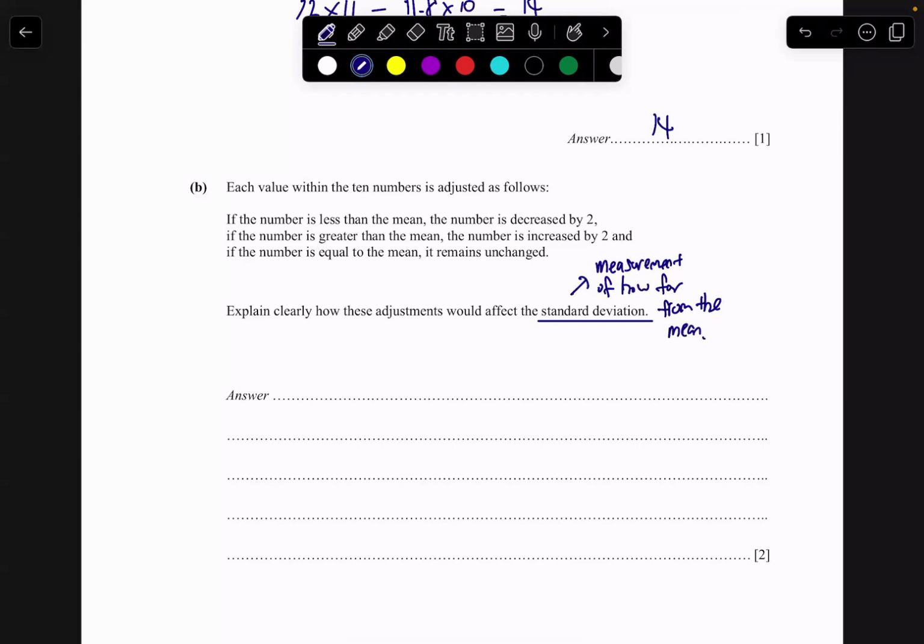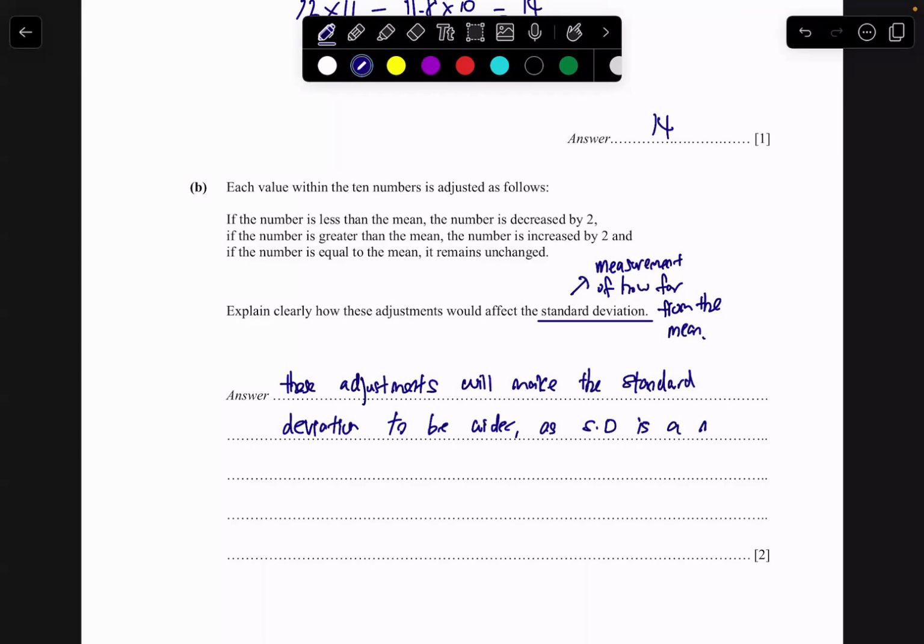So both sides are getting further away. So these adjustments will make the standard deviation wider, reasoning that standard deviation is a measurement of how far we are from the mean.